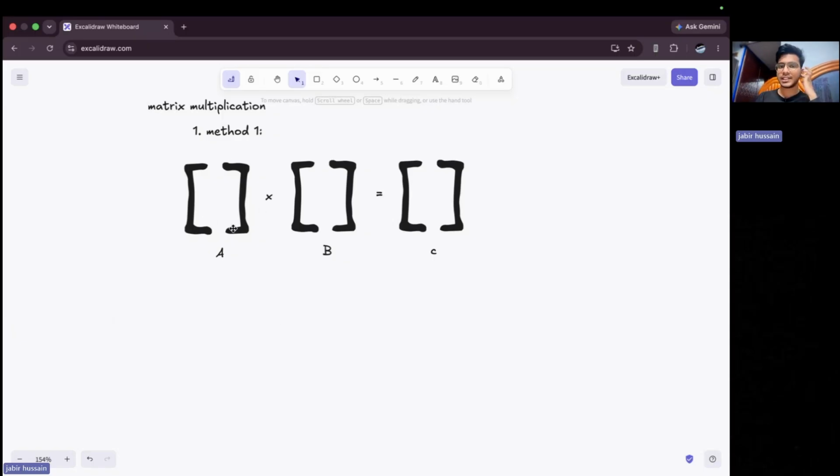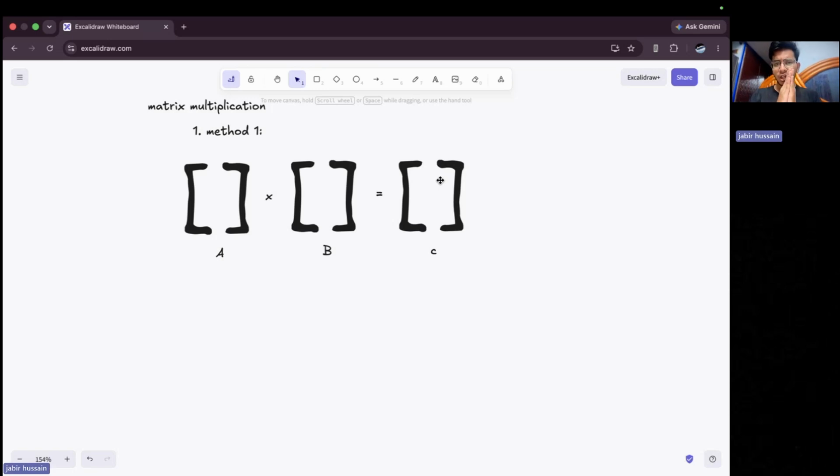Let's say this is m cross n and this is n cross p. So we will get a matrix of m cross p. I hope you are with me. If you're getting lost, you just tell me. You can unmute yourself or just give a like.